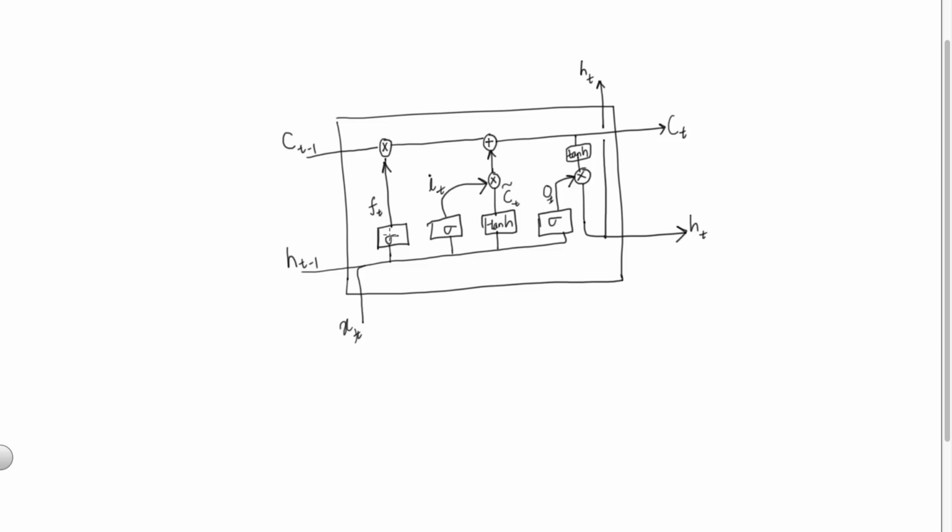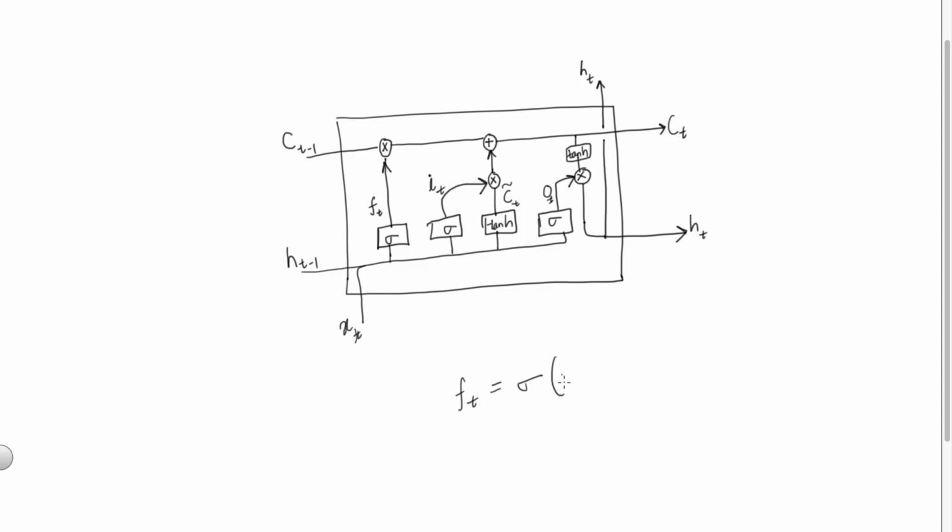After the sigmoid operation, it emits a value between 0 and 1, and this number is multiplied with the cell state c t minus 1. If it outputs 1, all of c t minus 1 passes through, and if it's 0, it gets discarded completely.